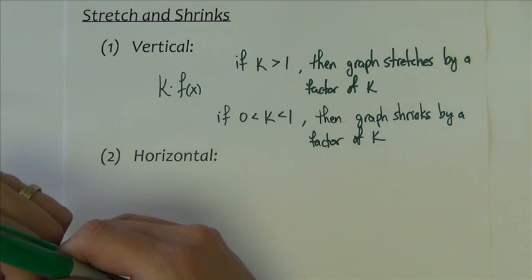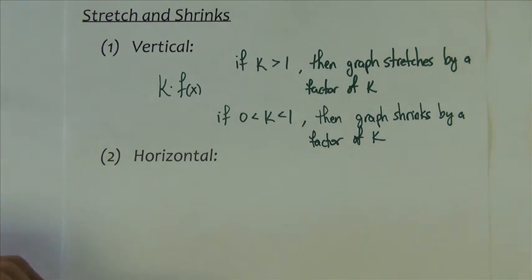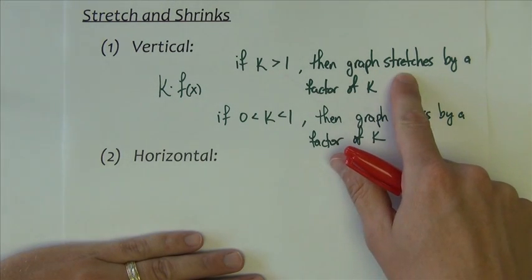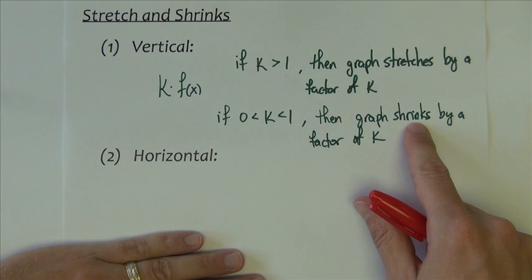Things outside affect vertical change, and anytime we're affecting vertical change in the graph, it follows a logical, common sense approach. Bigger numbers make the graph bigger. Smaller numbers make the graph smaller.